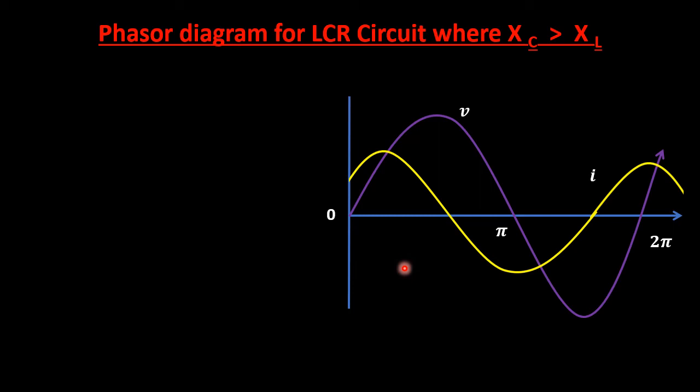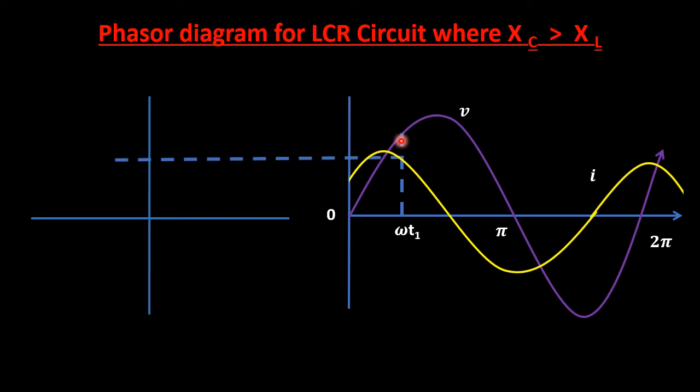Now in order to draw the phasor diagram, we draw a vertical line at the point omega t1. This is the point where the vertical line and the current curve intersect, and this is the point where the voltage curve and the vertical line intersect. On the left hand side, we draw a phasor diagram, and at first we draw a horizontal line from this intersecting point, and we draw phasor I in the second quadrant.